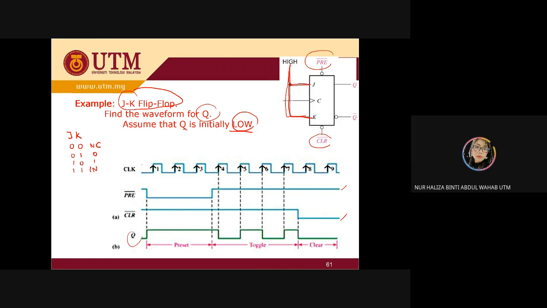Okay, now, first of all, you need to check this value. What value? Pre and clear. If pre and clear, for the JK, 1, 1 is similar to the toggle. Later you will look into JK, there is no invalid, sorry. This one will be toggle.